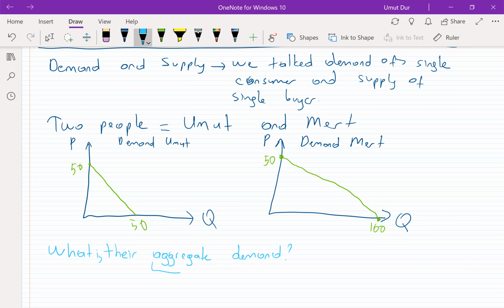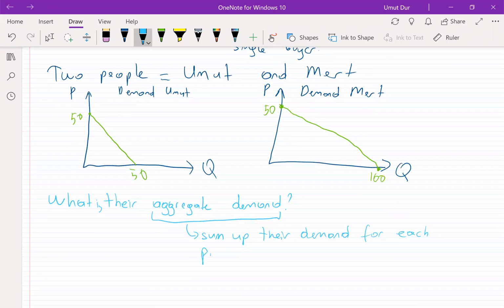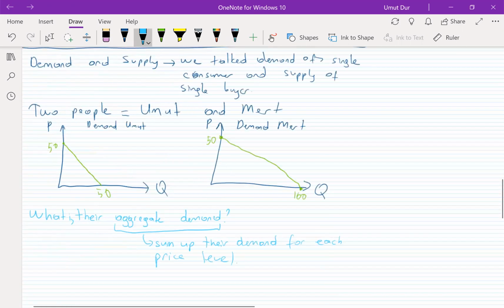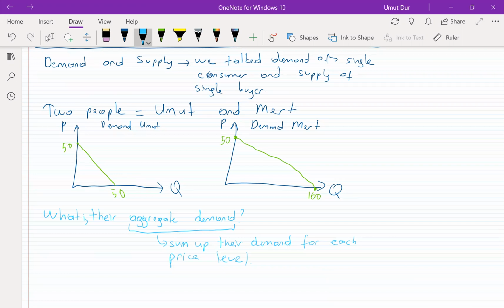What do I mean by summing up the demand for each price level? Let's think about the price level of 60.